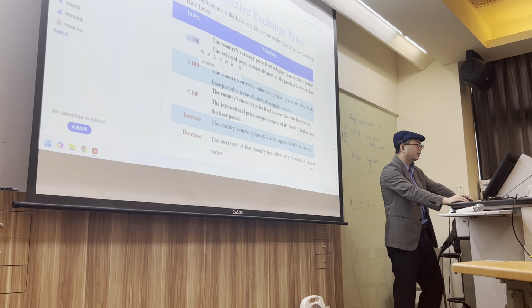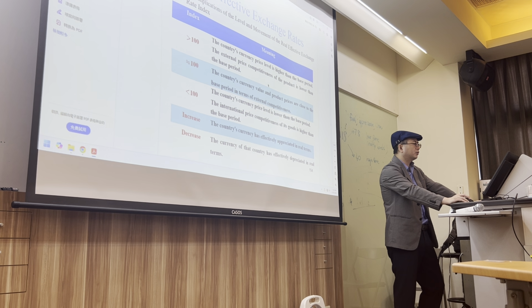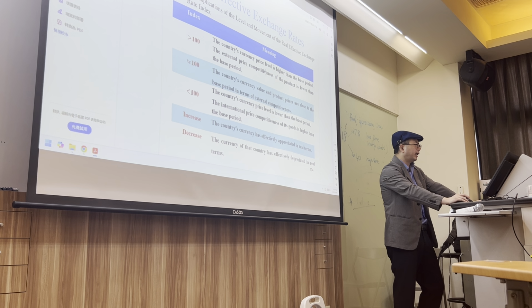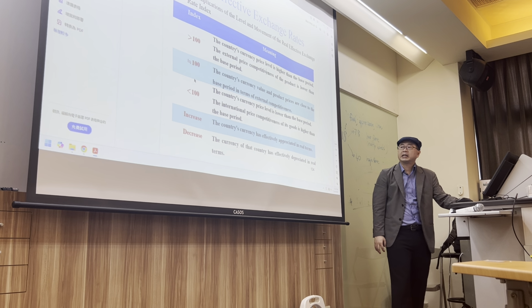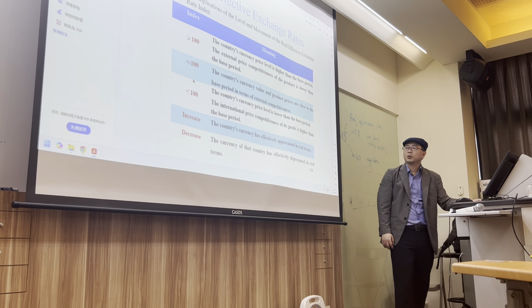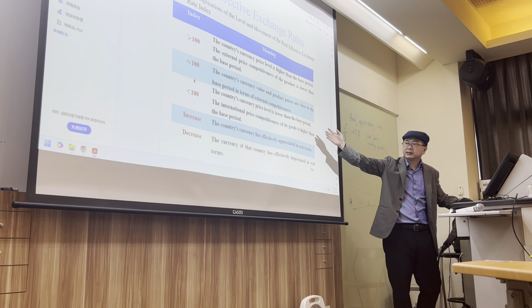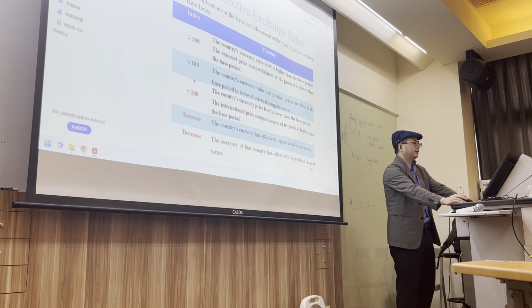This happens when the country's currency price level is higher than the base year, which also means the external price competitiveness of its products is lower than the base period. When the index is less than 100, the currency's price level is lower than the base period, and the international price competitiveness of its goods is higher than the base period.